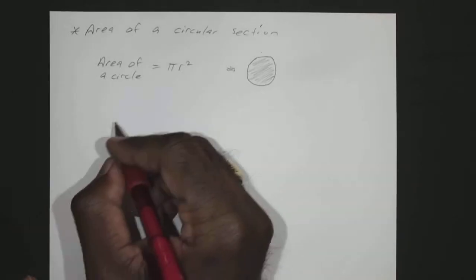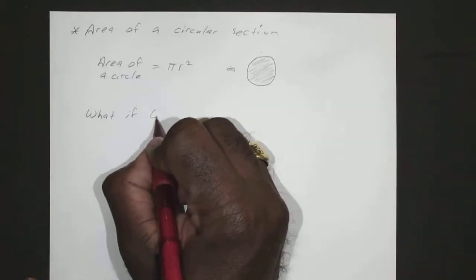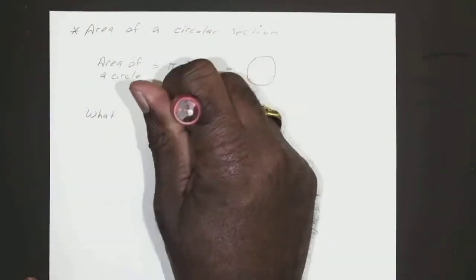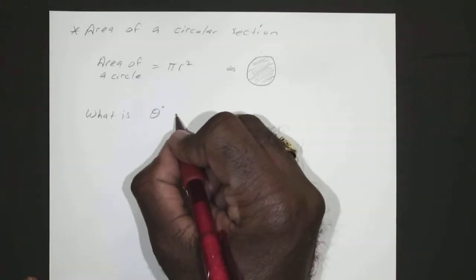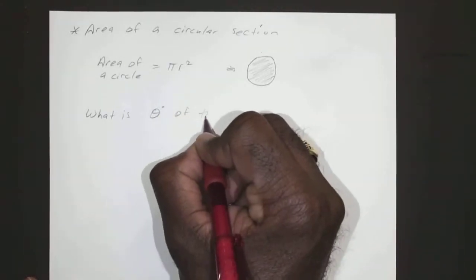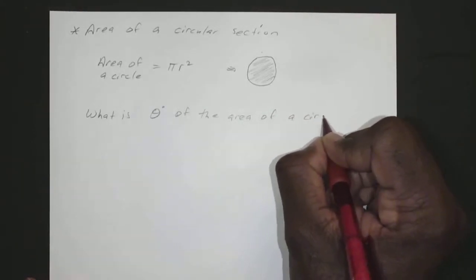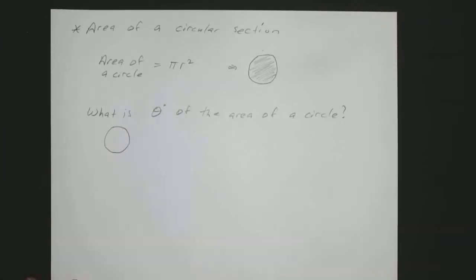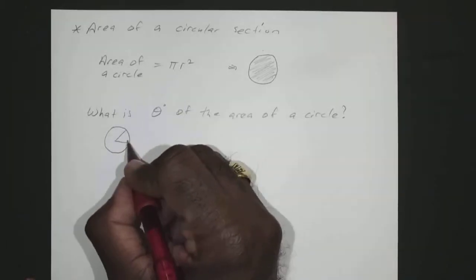So what if we had a circle and we didn't want to know the entire area, we just wanted to know the area of a small piece?